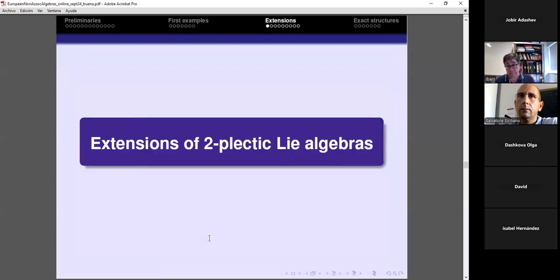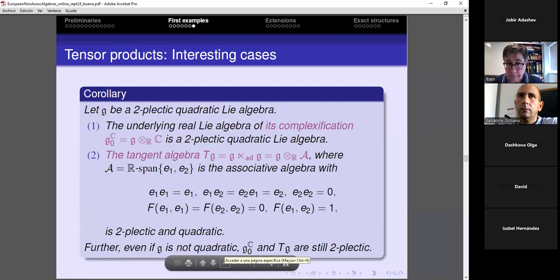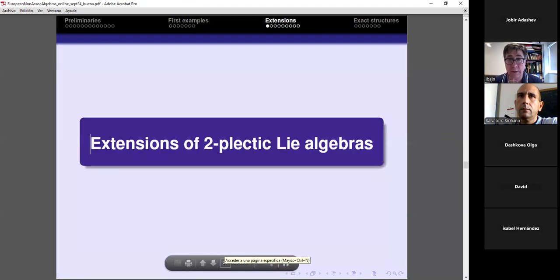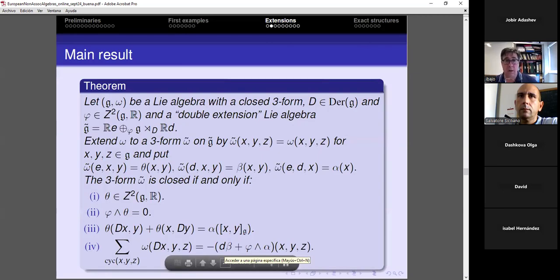Okay, but the main fact here for us was to see if we could profit from the double extension method to construct a new Lie algebra, starting from a Lie algebra which is two-plectic, in a dimension which is larger than the given one. And so we started to see what happened in these cases.